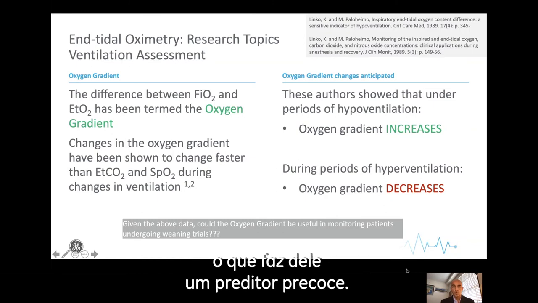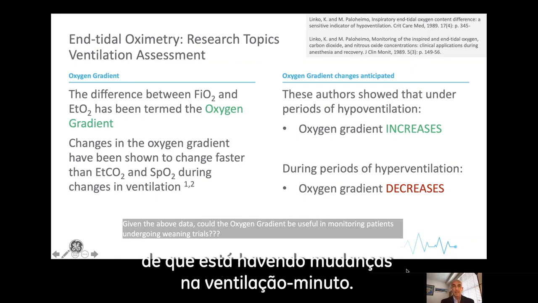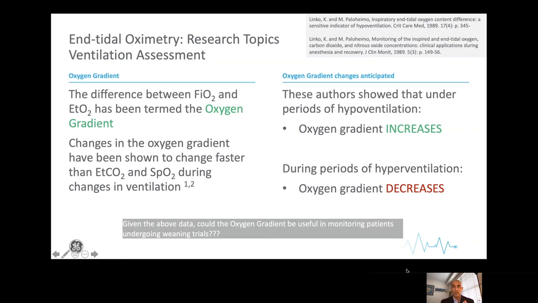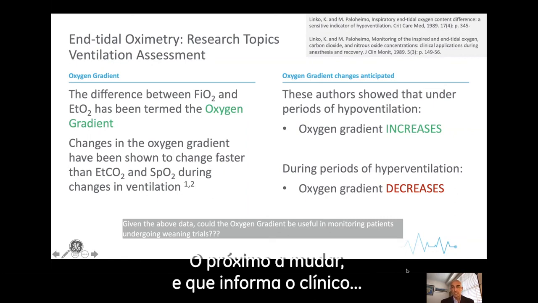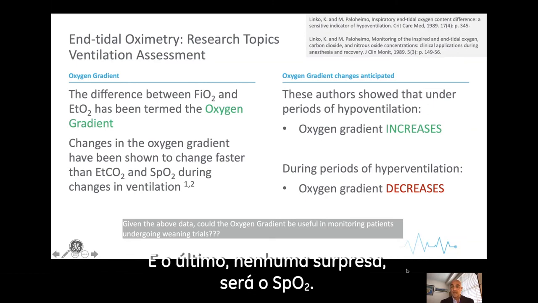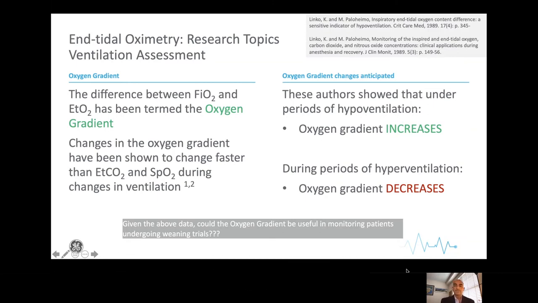So it was a much earlier signal that changes in minute ventilation are occurring, where the next one to change and to inform the clinician would be end-tidal CO2. And the last one, not surprisingly, would be the SpO2.